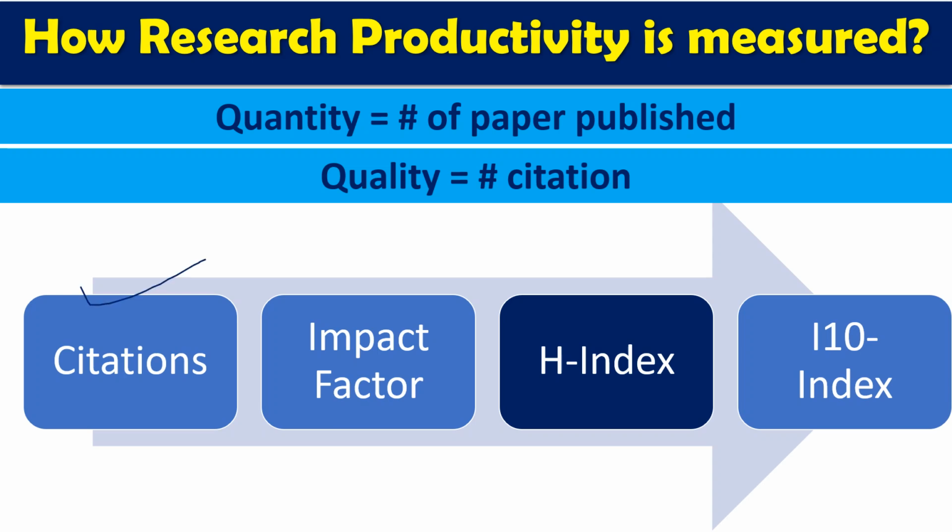That is the recognition of our paper. Second one is impact factor. We will have another video where I will tell you how impact factor is calculated and what its significance is. Today we are going to talk about H index. Third is H index and fourth is I10 index. We will talk about H index and I10 index today.